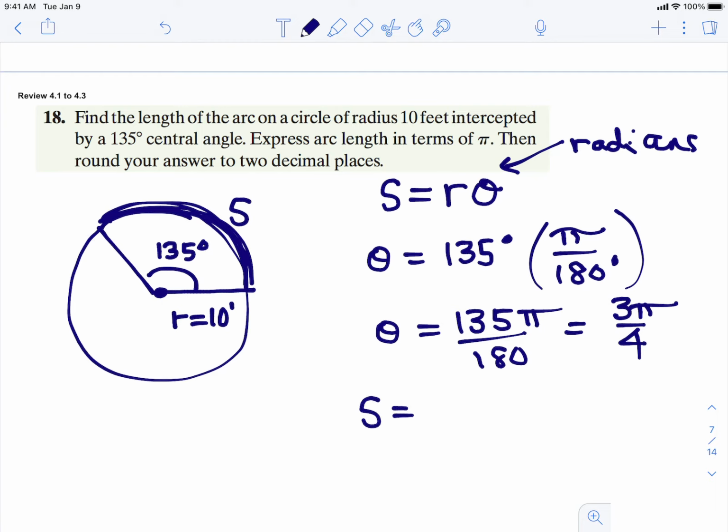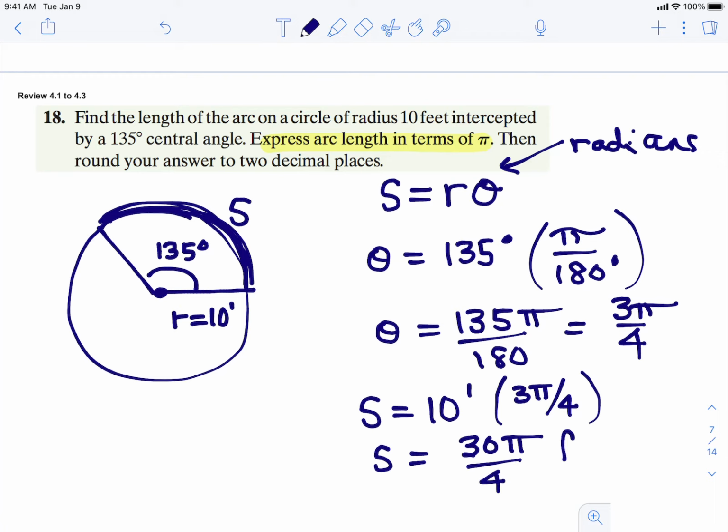So arc length equals the radius, 10 feet, times 3 pi over 4. And it's asking us to have the answer in terms of pi. So we'd multiply across. 10 times 3 pi is 30 pi over 4 feet. So that's our arc length. Then it says round your answer to 2 decimal places. So we'd have to type that into our calculator.